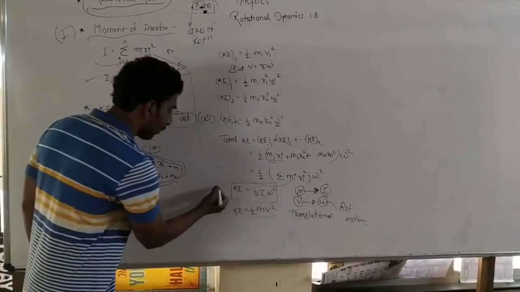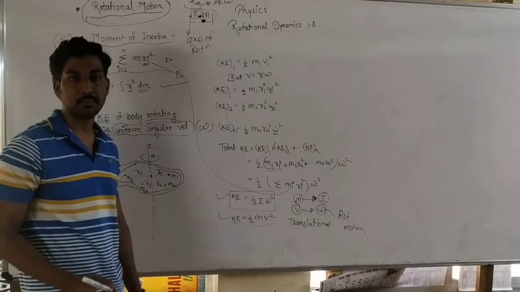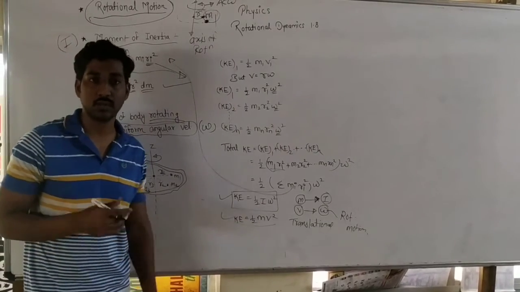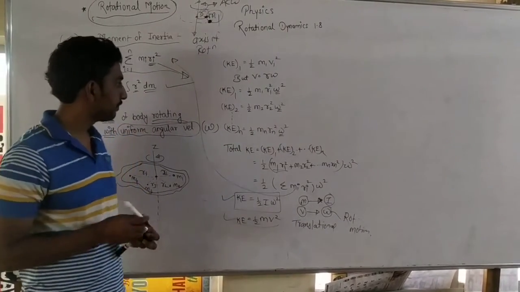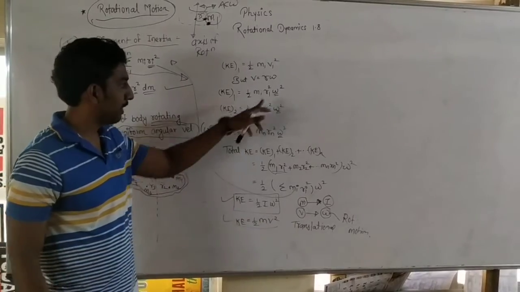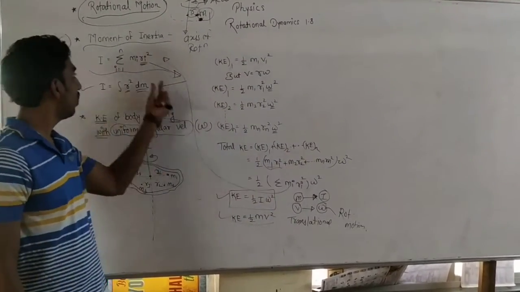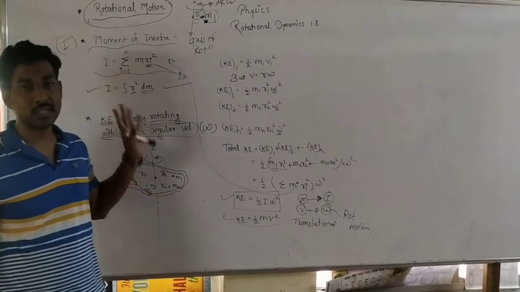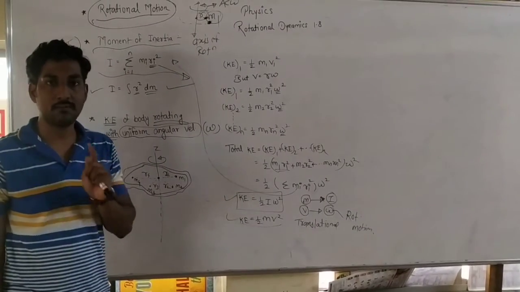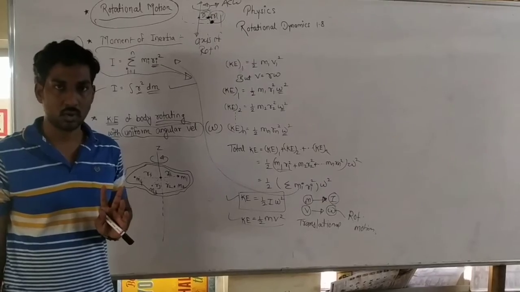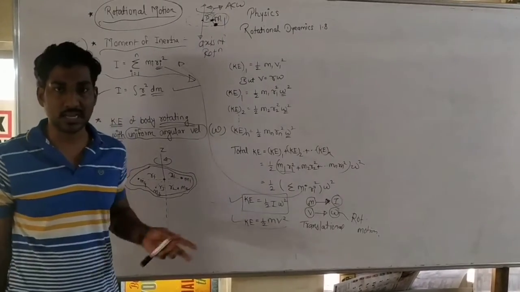Simple. We will use this formula in our numericals. So just remember, omega is constant, so take it common and use the basic quantity of moment of inertia. Finally you will get K equals half I omega square. I hope you have understood these things.